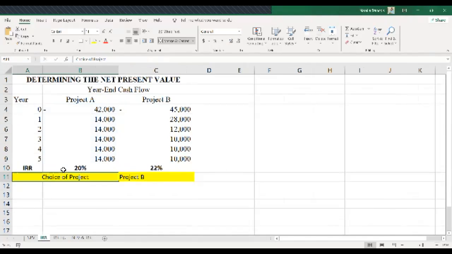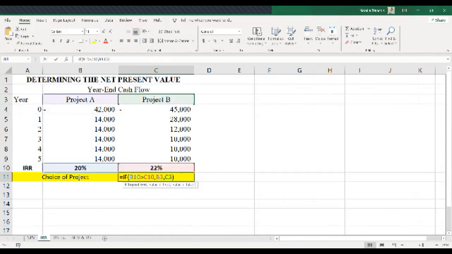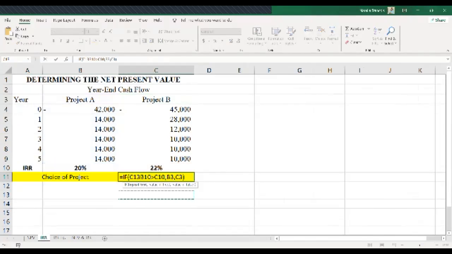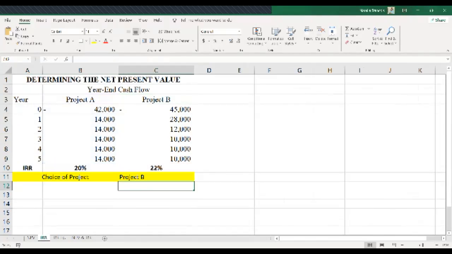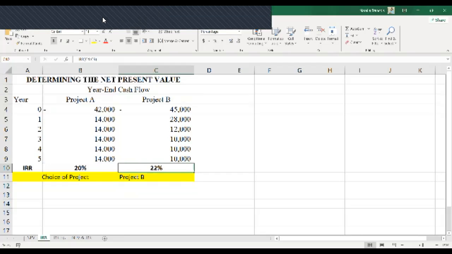Most simple. And it gives us 20% for project A and 22% for project B. However, project B is accepted because it carries a higher return.